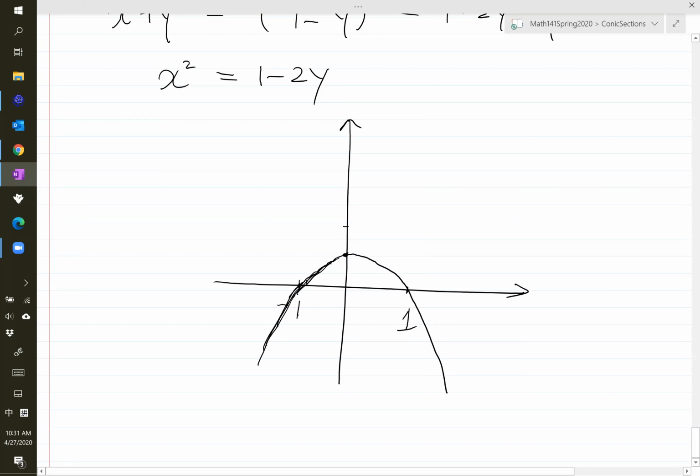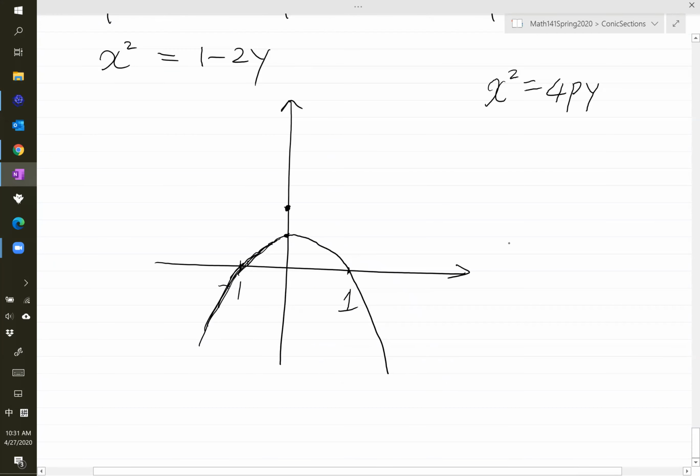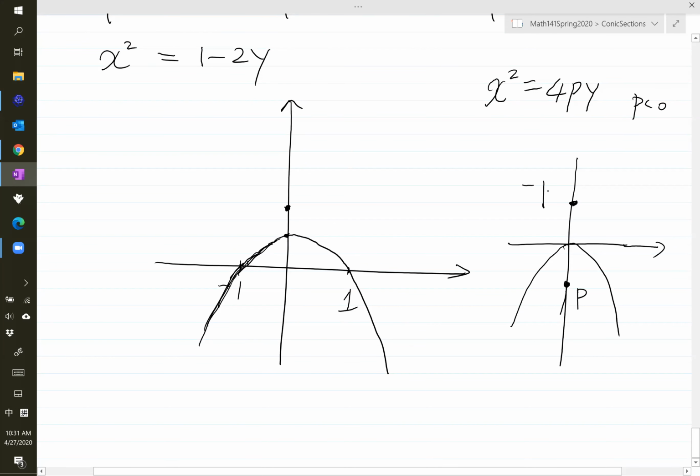Remember, we have x squared equals 4py. Then it looks like this. Here p is negative, p is less than 0, so the curve opens downward, and the focus is at negative p.